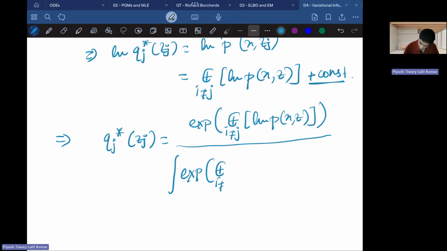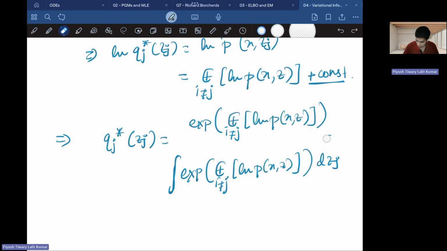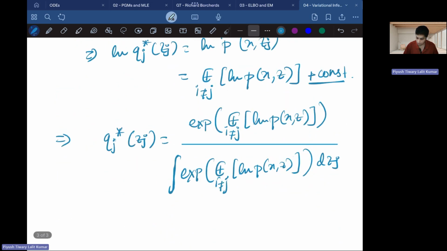So this is i not equal to j, log of p of x comma z, dzj. So this is what this thing looks like. So this is the value of your Qj star that you should use to maximize your ELBO with respect to qj.